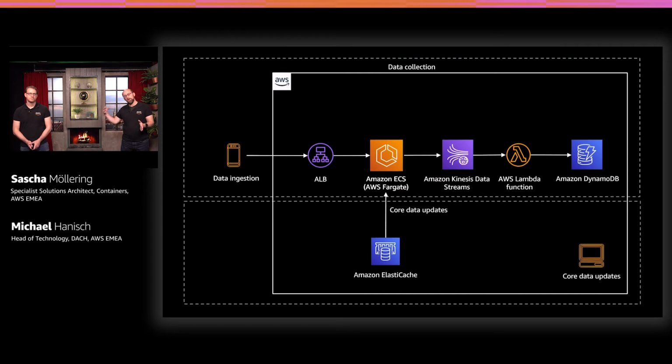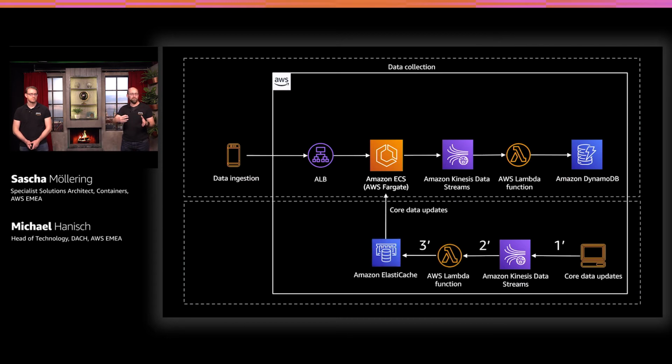Of course, there can be various systems where this core data is actually stored that produce updates on this core data. And to decouple those as well, we ask each of the core data systems to push their updates via Kinesis Data Stream. So we really have an asynchronous decoupling.